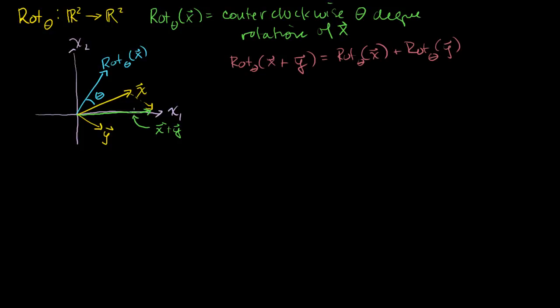And what would its rotation look like through an angle of theta? Well, if you just rotate this through an angle of theta, I'm just approximating, it would look something like that. So this right here would be the rotation through an angle of theta of x plus y. Now let's see if that's the same thing as if we rotate x and rotate y and then add them together. So what's y if we rotate it through an angle of theta?